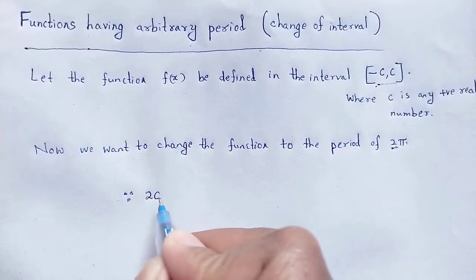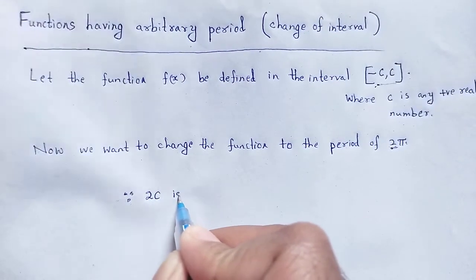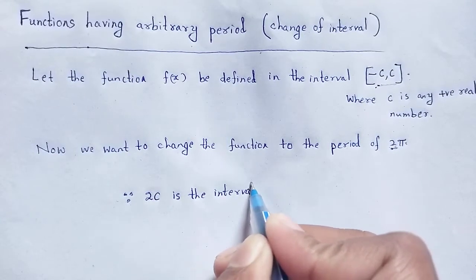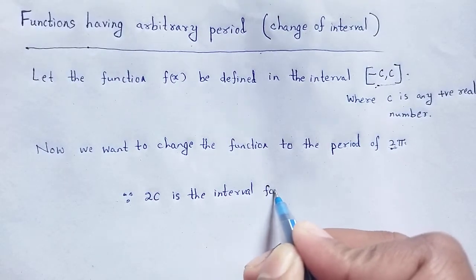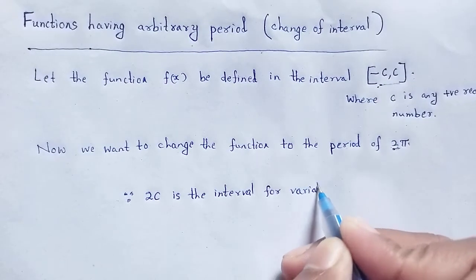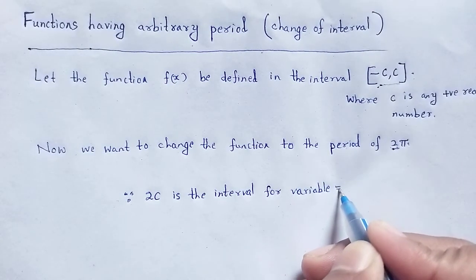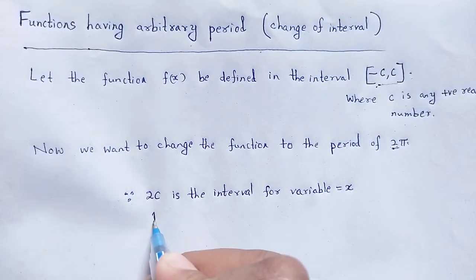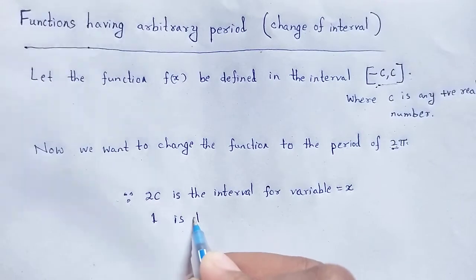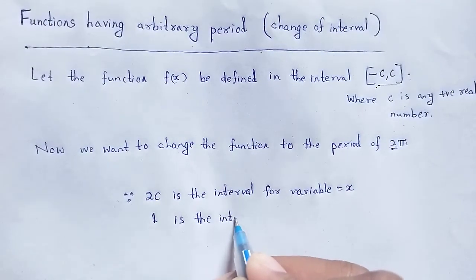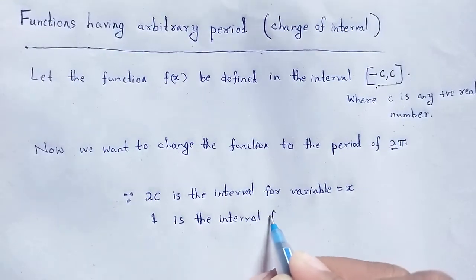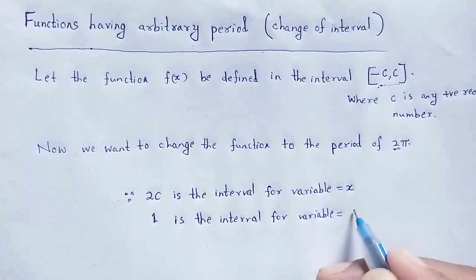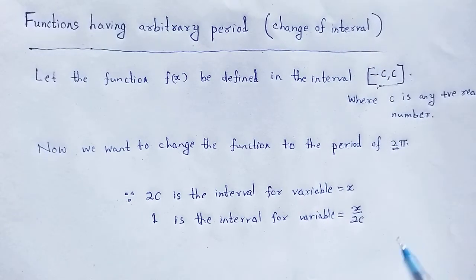2c is the interval for variable x, so 1 is the interval for variable x by 2c.